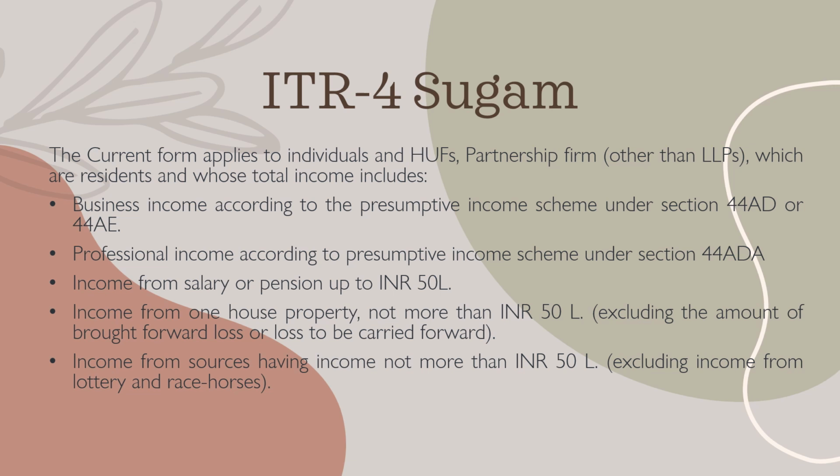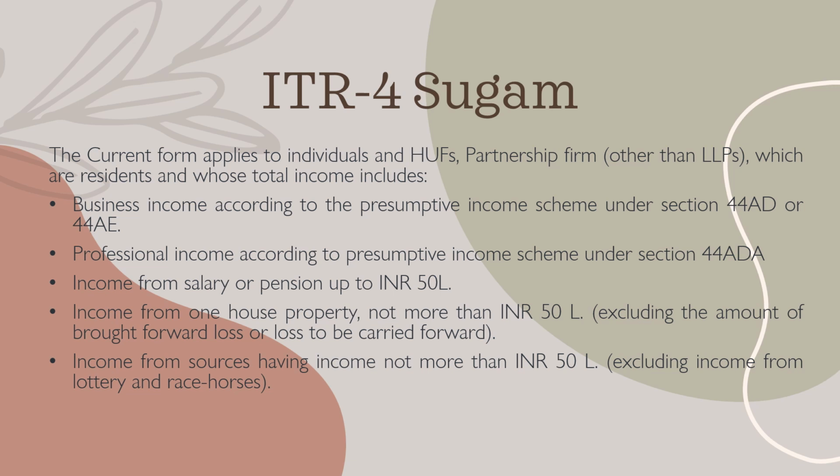Please consider that any individual earning income from the mentioned sources as a freelancer can also opt for a presumptive scheme if their gross receipts are not more than 50 lakhs.